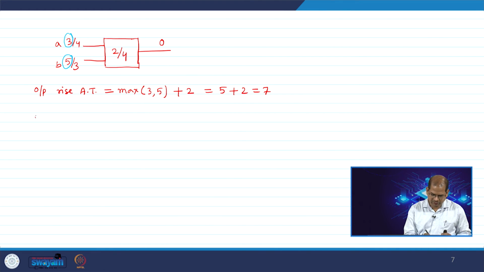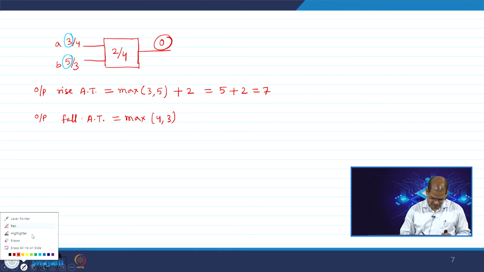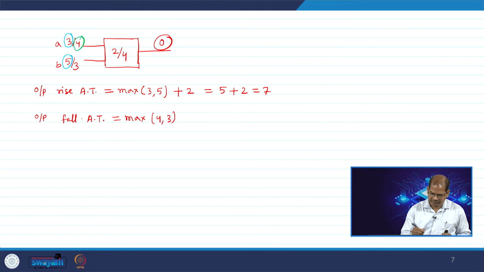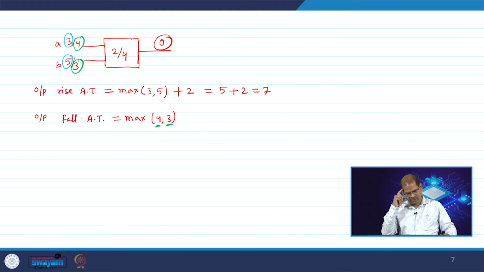So, output fall arrival time at node O, which is the output node, is basically max of 4 comma 3. The 4 corresponds to this 4 and the 3 corresponds to this 3. So, this is your fall arrival time.